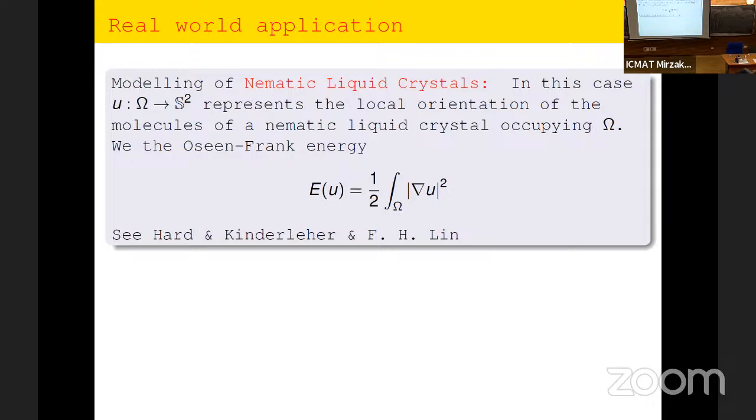So, for instance, suppose that omega is a domain in R3 occupied by your liquid crystal. So the situation is more or less as follows. You have your domain in R3.